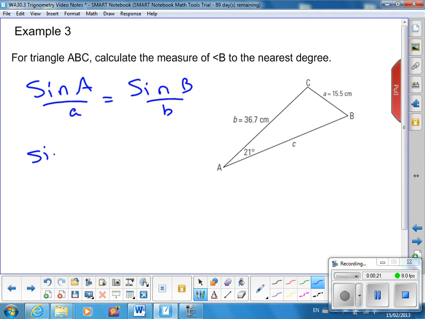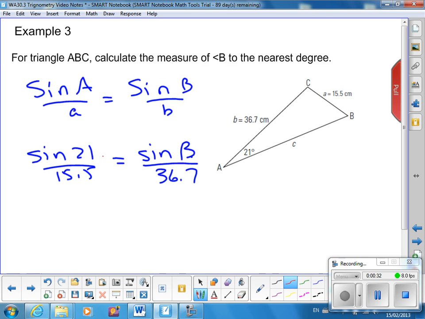So sine of 21 over 15.5 equals the sine of B, because we don't know what angle B is, over 36.7. This time when you cross multiply, you actually are just going to multiply these two. We'll cross multiply.